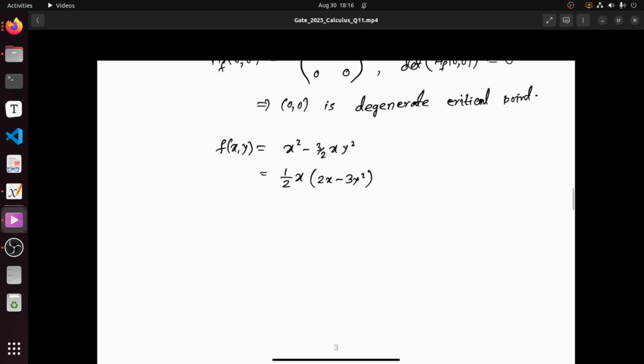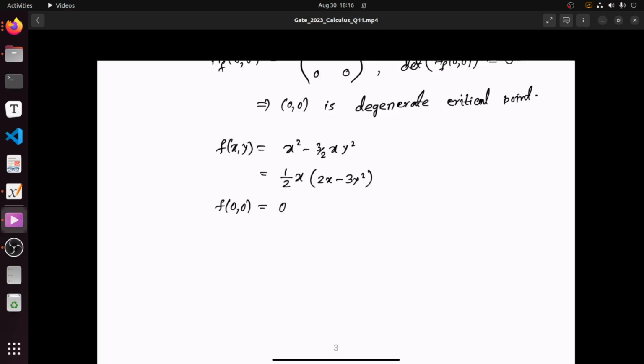So we have factored it out, and note that f at the point (0,0) takes the value 0. Now note that this has two factors, right? One is x, one is 2x minus 3y squared. So you can see that along this parabola 2x equals 3y squared, this function is 0.